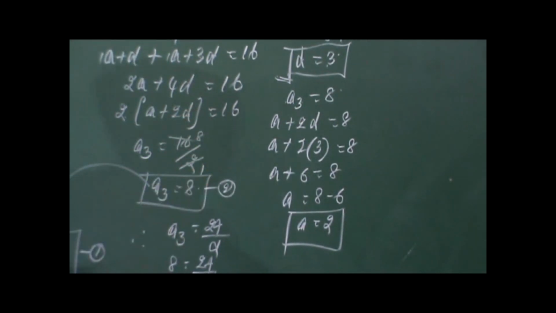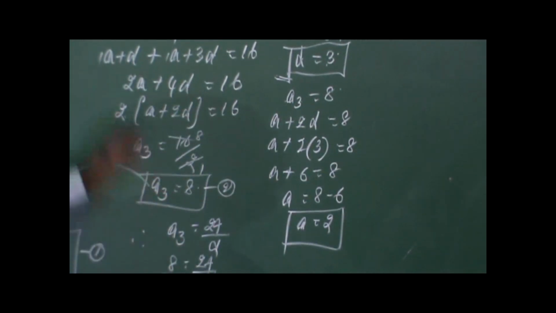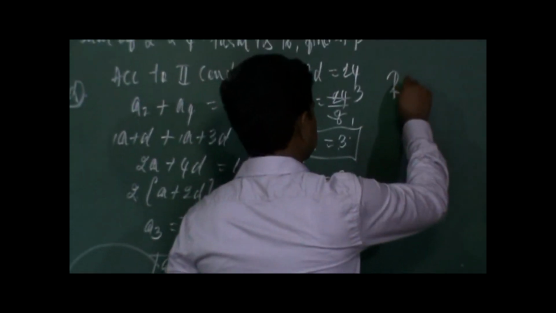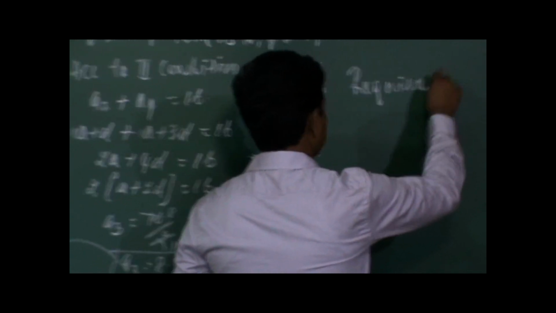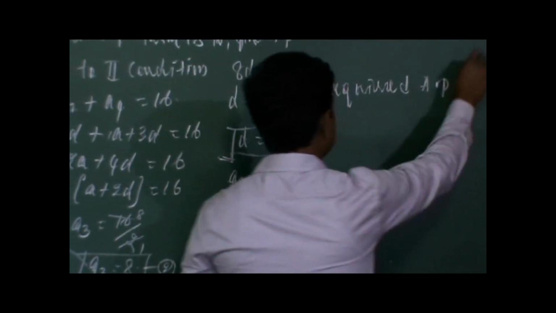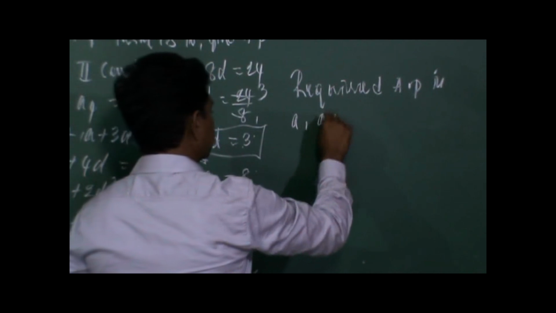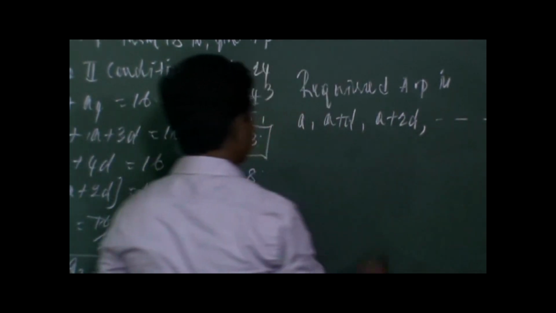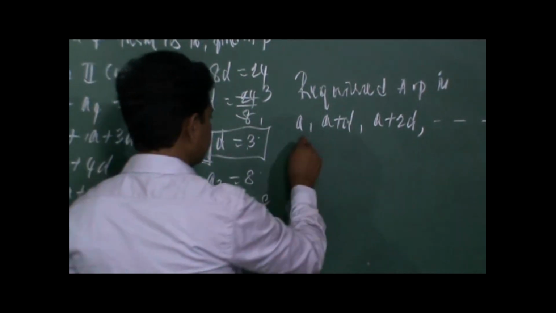So we have got the two important terms, a and d. Now you can easily reach the required AP. The required AP is a, a plus d, a plus 2d, and so on. So a is 2, right?